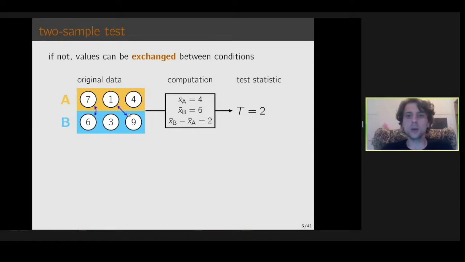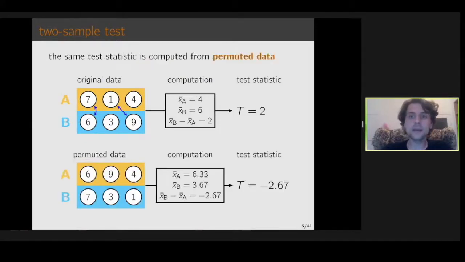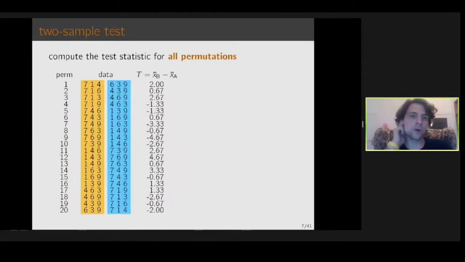And exchanging data points between conditions means that we are permuting the data, which leads to permuted data. So we have an original data set and we have a permuted data set. Again, we are calculating the very same test statistic from the permuted data, and in this case, it would be minus 0.267.